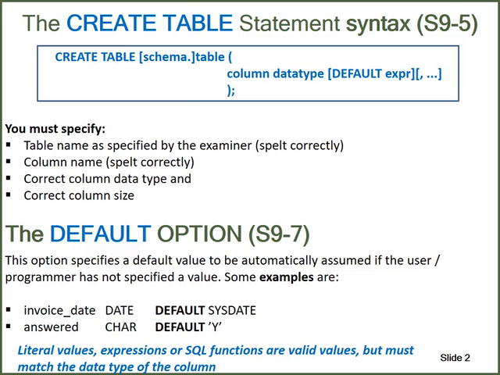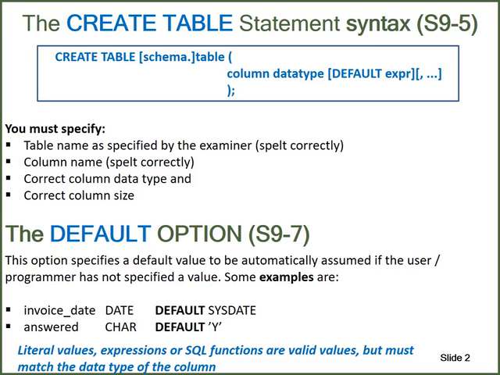The syntax of the create table statement is listed below. You can see there the keywords create table. Optionally, the schema name. The schema name is the name of the user. For example, at MR Learning Campus, the usernames are user1.